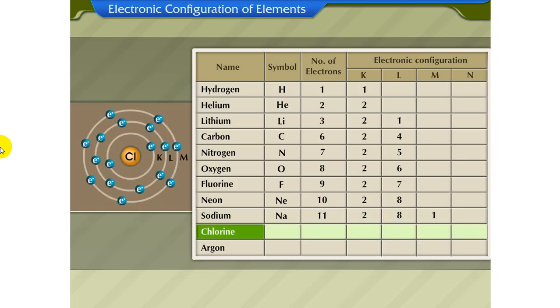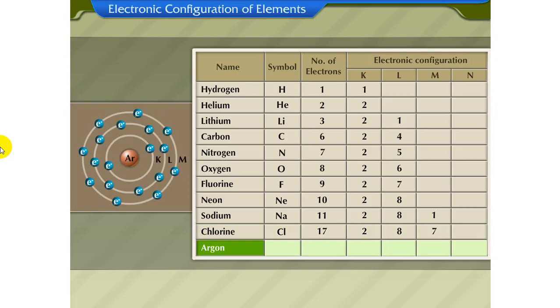Next is chlorine. The number of electrons is 17. This means that there are 2 electrons in the K shell, 8 electrons in the L shell, and 7 electrons in the M shell. Therefore, the electronic configuration is 2, 8, 7.